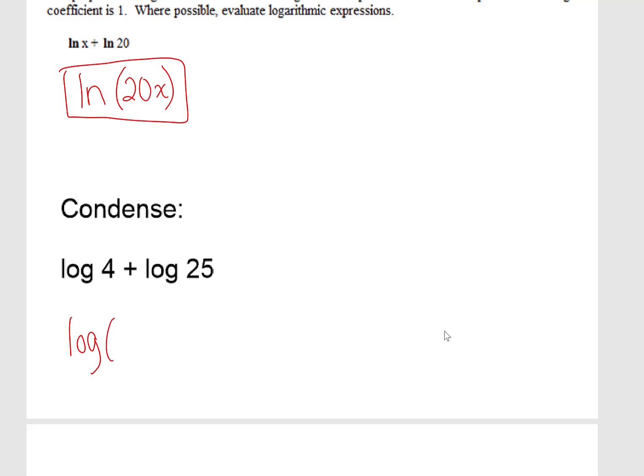All right, so 4 times 25. Now I'm going to simplify that, right? Up top, I couldn't simplify 20x anymore, but I'm going to simplify that to log 100. Okay, but am I done? I'm not, right?